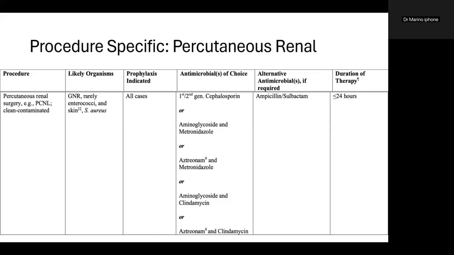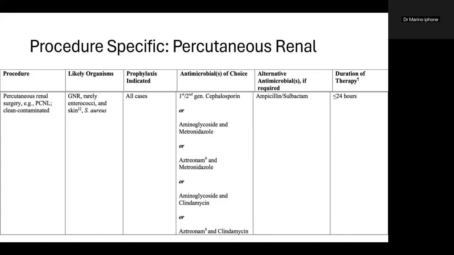Eli? Yes, sir. I hope I'm not interrupting too much, but since you mentioned ureteroscopy and percutaneous procedures, I just wanted to mention how the interplay over time is evolving, in that bigger and bigger stones are being done by ureteroscopy.